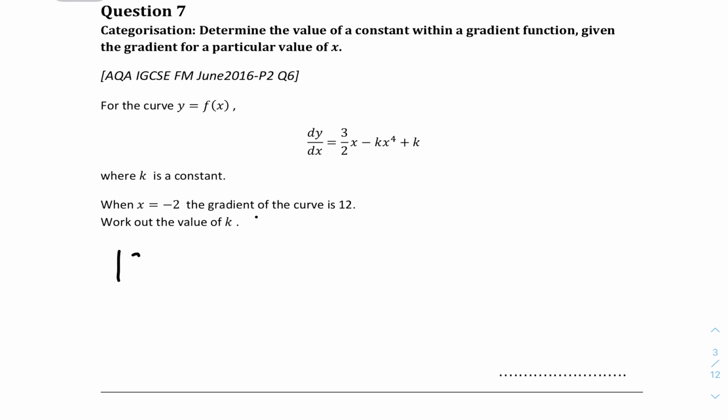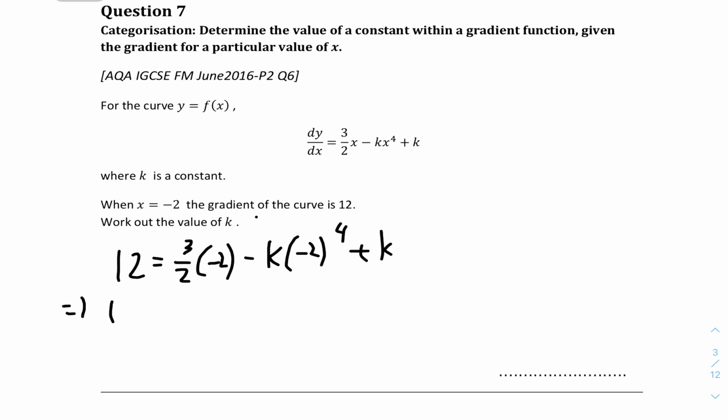So it'd be 12 equals 3 over 2 times minus 2 minus k, minus 2 to the power 4 plus k. So this will simplify to 12 equals, this 2 will cancel out, so it will become minus 3 minus k times minus 2 to the power 4, which will be minus 2 times minus 2 times minus 2 times minus 2, which is 16, plus k.